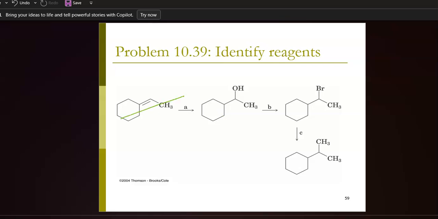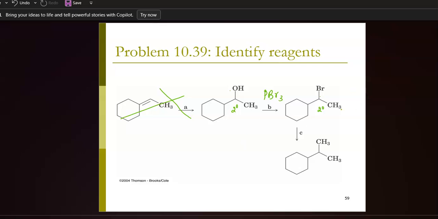There is one more. I'm going to ignore this first part, but we can solve for B and C. Here, what have we done? We have taken an alcohol and turned it into an alkyl halide. Remember, OH to Br. This is a secondary alcohol to a secondary alkyl halide. The best reagent that would work here is PBr3.